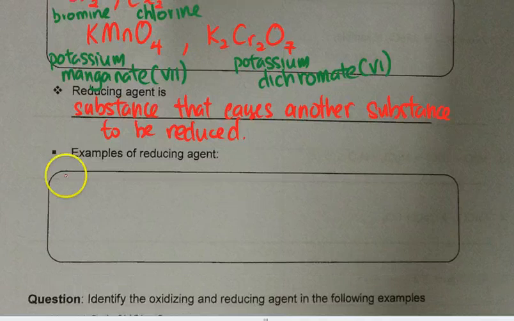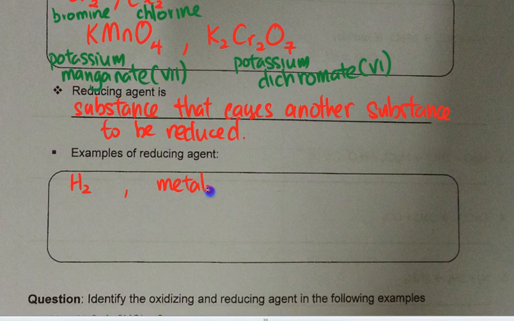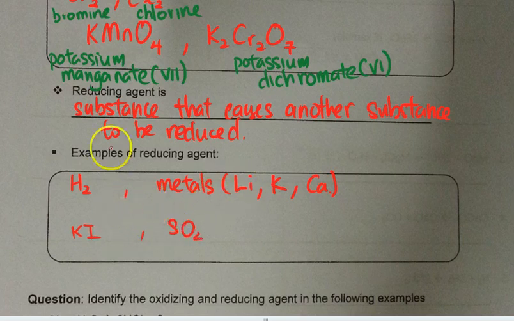Some examples are, we have H2. Another one that we have is your metals, such as lithium, potassium, calcium. Okay, and some other metals. We also have KI. We also have SO2. So now, these are some examples of a reducing agent.